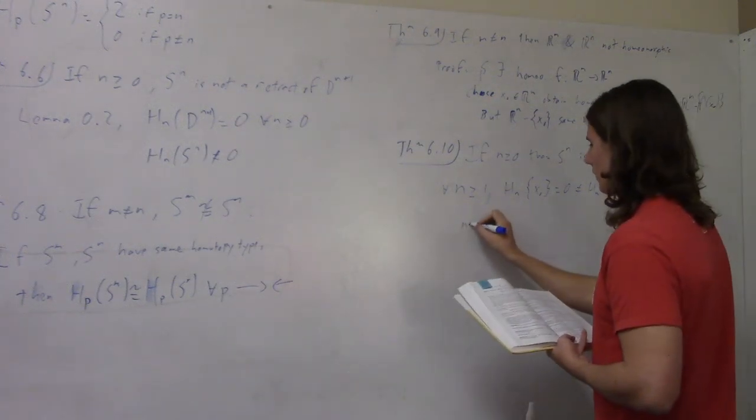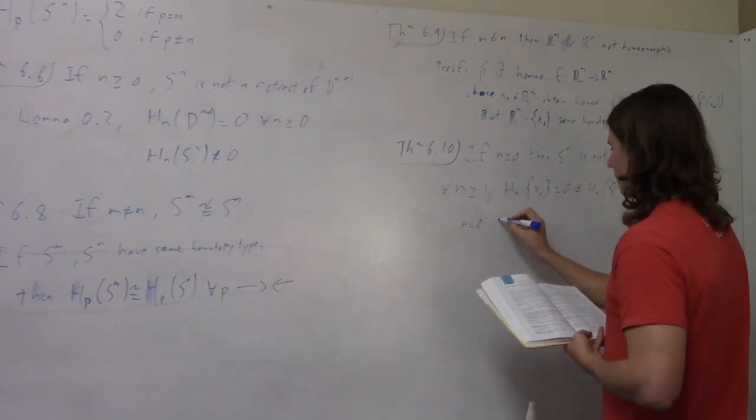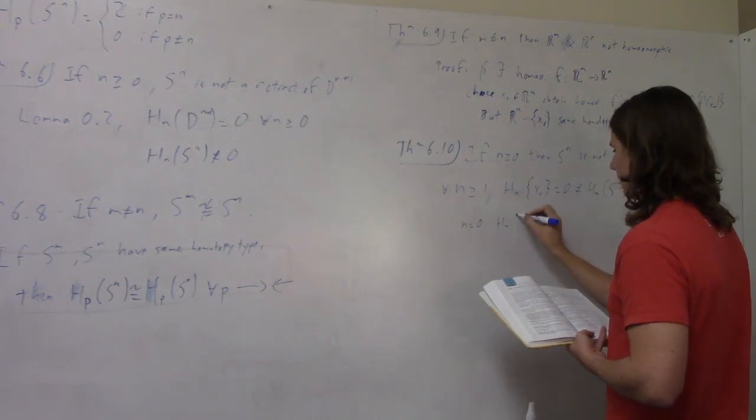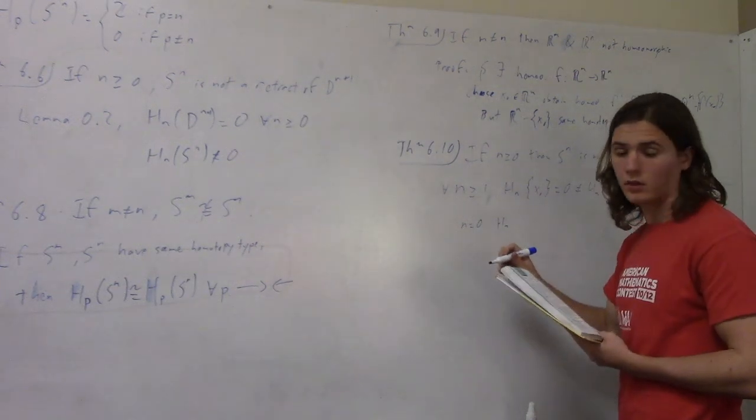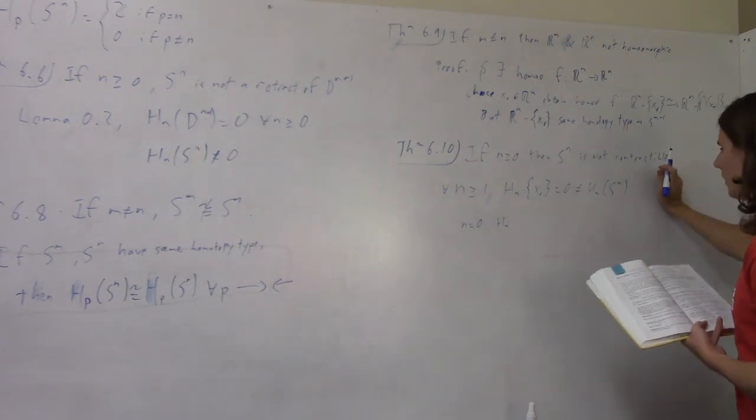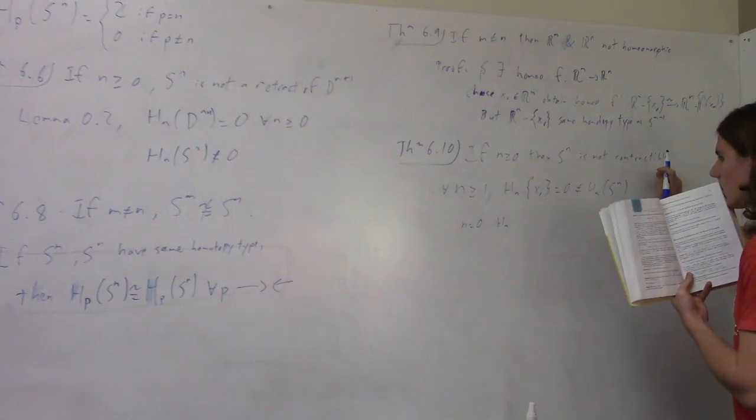And then for n equal to 0. Something wrong? Not sure yet. Okay, I'm processing.